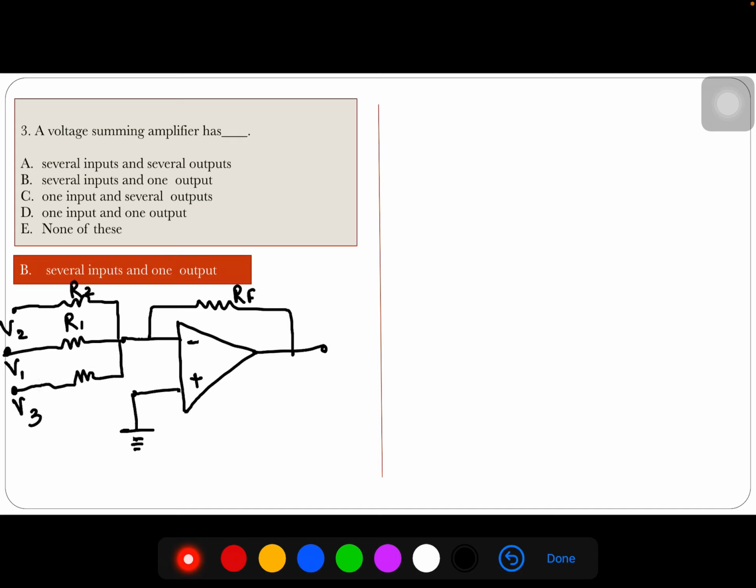Practically, there is no limit on these inputs. You can apply as many inputs as you want to get them added. So, according to the given options, the correct option is B, several inputs but only one output.